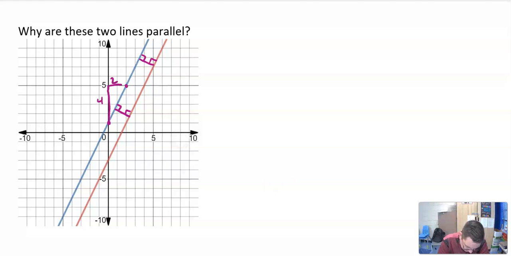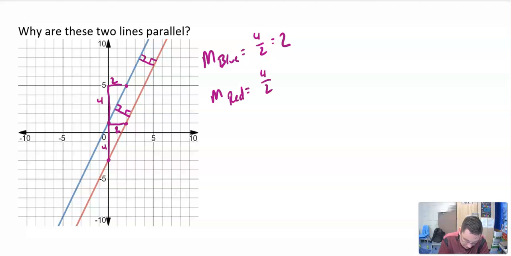And if I look at this line, I can go from here to here, and I go up 4, right 2. And so we see that the slope of the blue line is 4 over 2, which is 2. And that the slope of the red line is also 4 over 2, so it's 2.